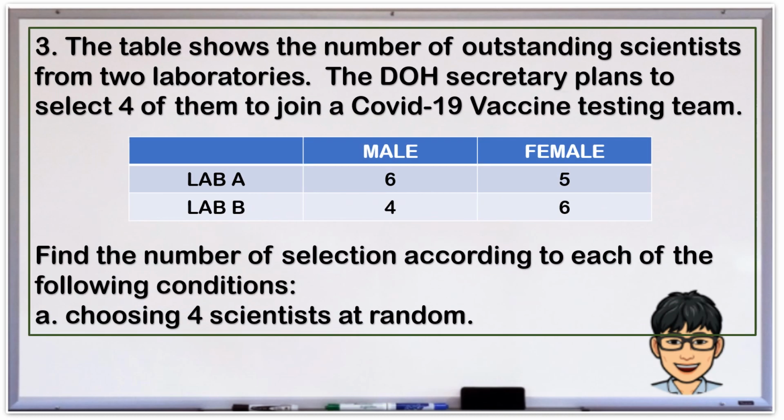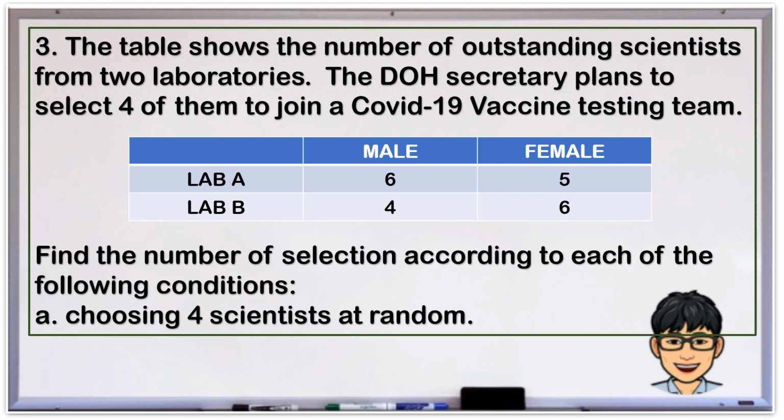Let us now consider this next problem. The table shows the number of outstanding scientists from 2 laboratories. The Department of Health Secretary plans to select 4 of them to join a COVID-19 vaccine testing team. Find the number of selection according to each of the following conditions, choosing 4 scientists at random.